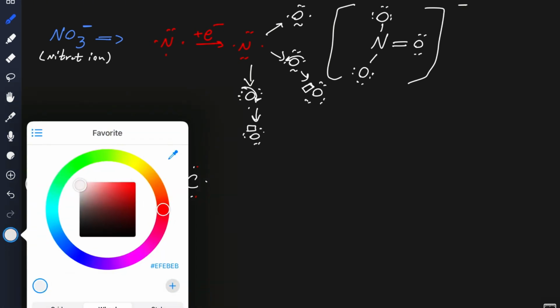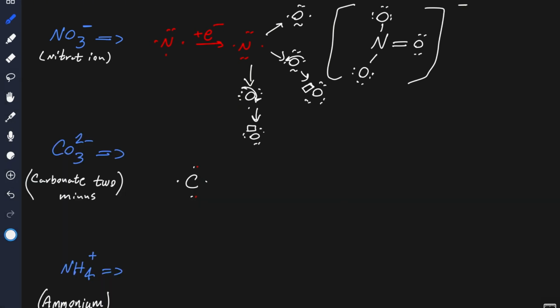Now the final form of the Lewis structure of CO3 2-, exactly like NO3 -1. You see, 1 double bond with 1 oxygen and 1 and 2.